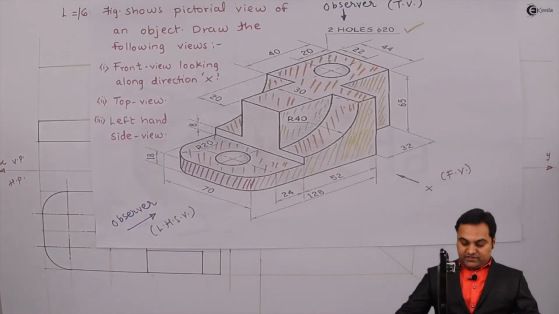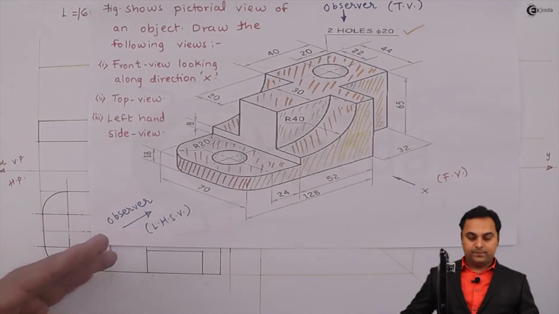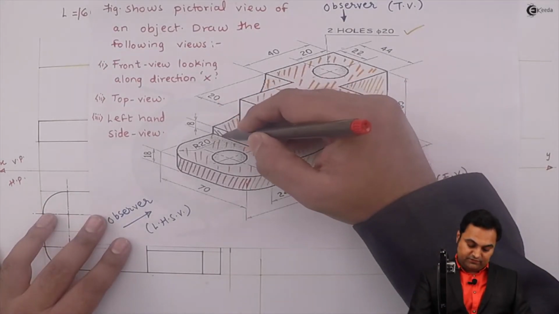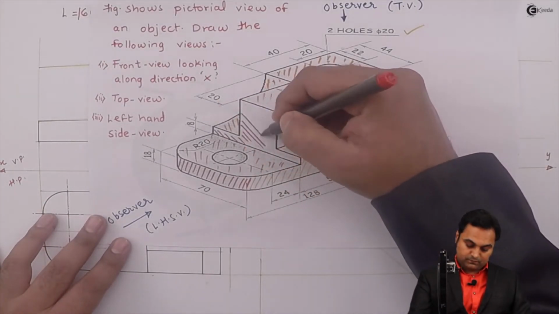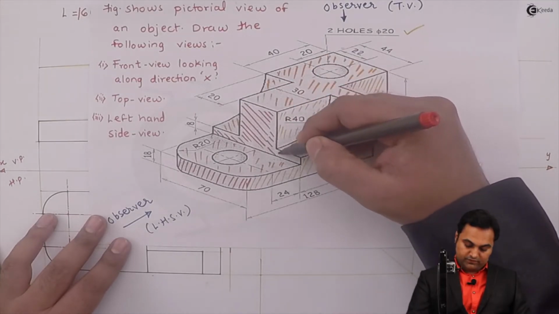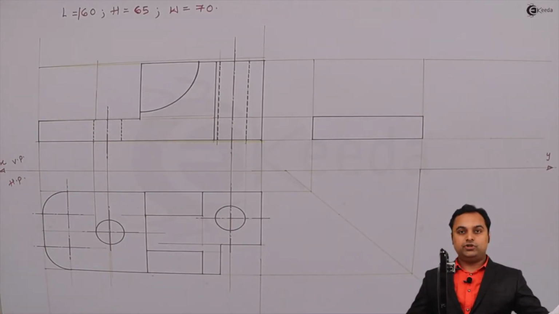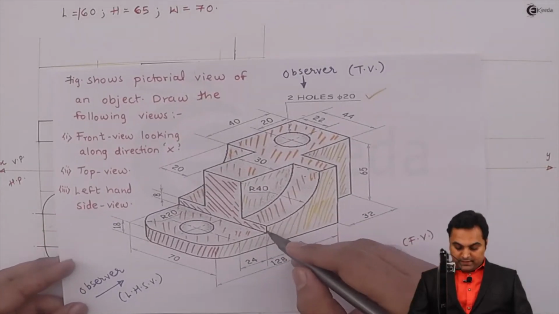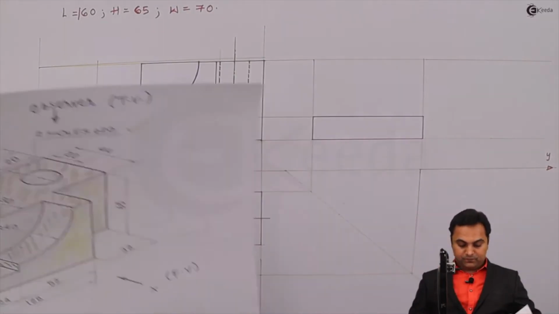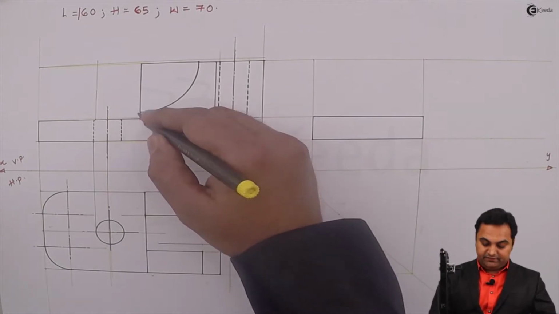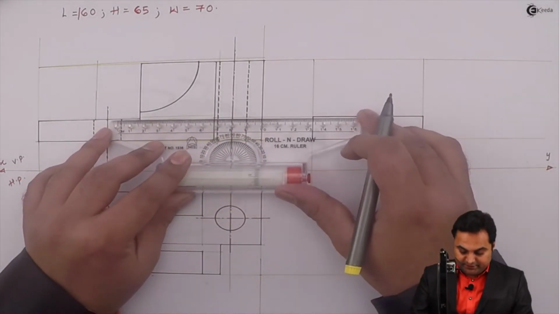Then as we are standing over here, even this surface will be visible. Now this portion has a height of 8 mm, so that is already there in the front view. I can take its height from here.